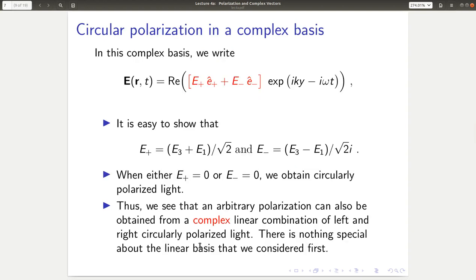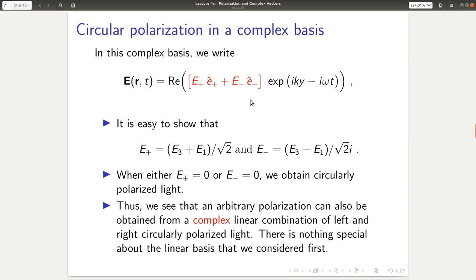Okay. So now, since we have a complex basis, we can go ahead and use this to expand the most general elliptically polarized electric field. Say now you just get coefficients E plus and E minus, and again E plus and E minus are nothing but complex numbers.